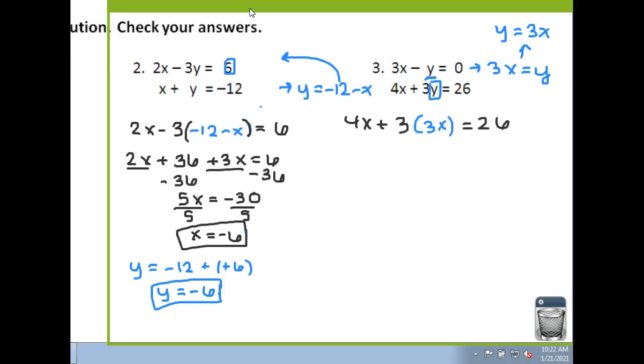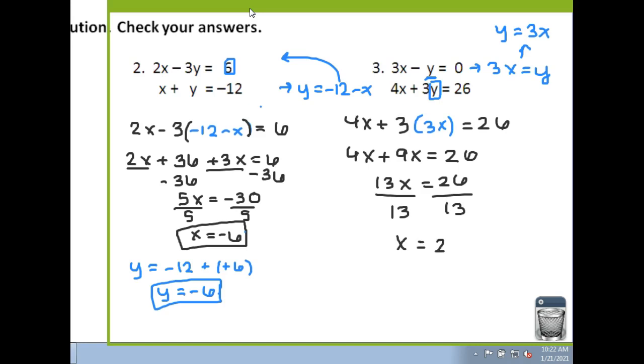Then I'm going to solve for x. And we get x equals 2. But we're not done.